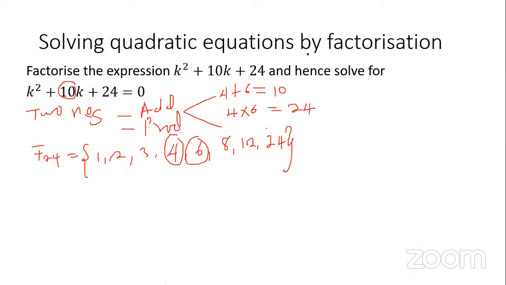Okay, now after we have got those two numbers, we are going to come back and write our equation. So we have k squared plus 10k plus 24.